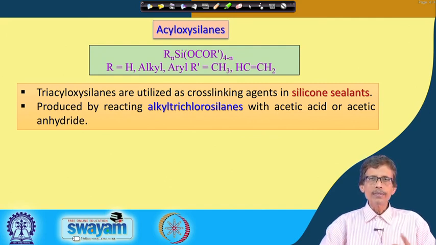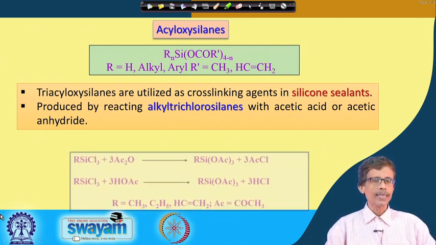So, if you have a very trivial starting material, what we have seen already, that introduction of the silicon in alkyl halides, say methyl chloride, you get the corresponding alkyl halide type of thing. That means, you can monitor the number of alkyl functions. If the alkyl functions are more, what we have seen, but if the alkyl group is less, you can have the more number of Cl groups attached to that particular silicon center, and you directly react that with the acetic acid as well as your acetic anhydride.